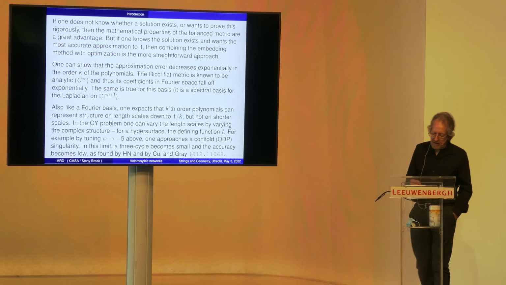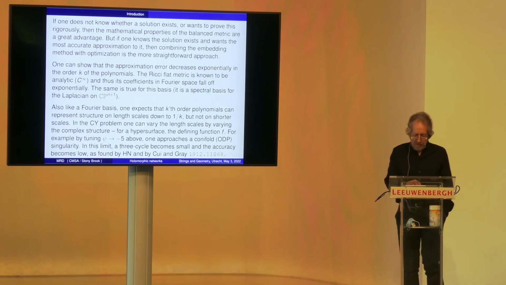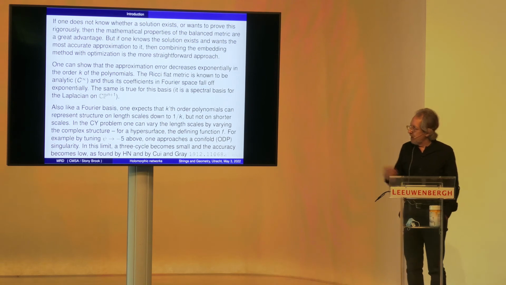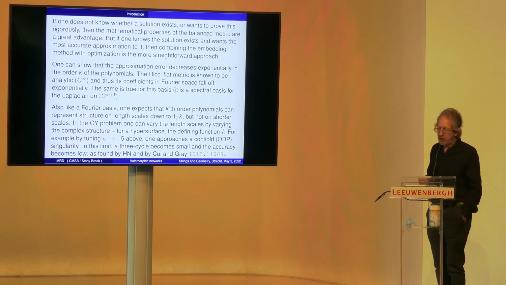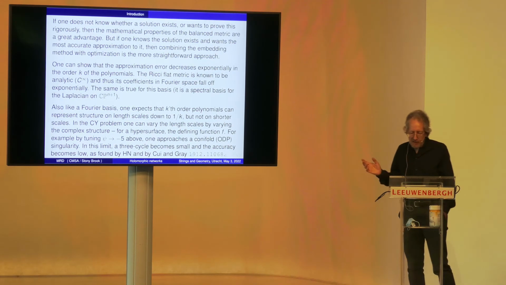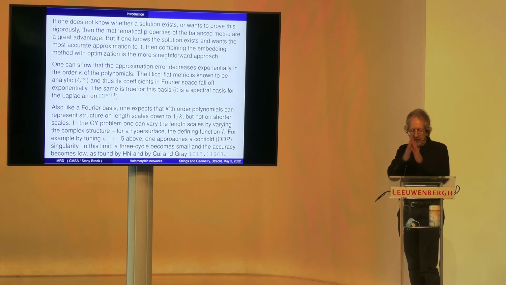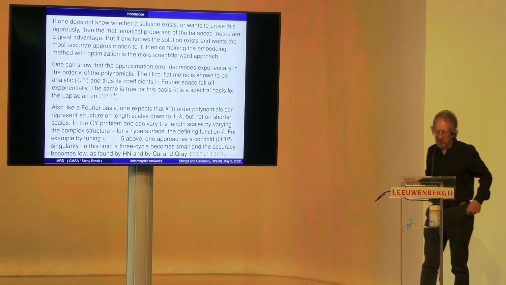That's good. The potential problem is that because you're at some finite order, you can only represent structure down to some particular scale. So naively, and it's kind of true, if you have a kth order polynomial and the overall diameter is 1, you could represent structure down to some scale 1 over k.